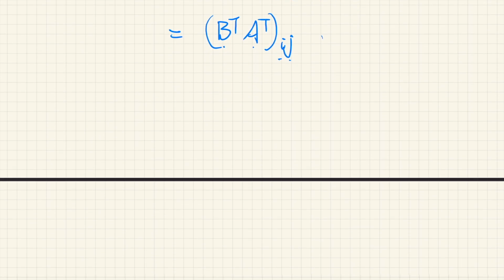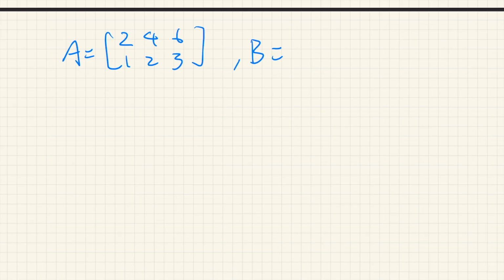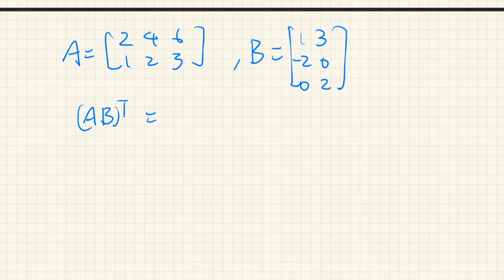Let's see an example of this last theorem. Let's say A is a 2 by 3 matrix, 2, 4, 6, 1, 2, 3, and B is a 3 by 2 matrix, 1, 3, negative 2, 0, 0, 2. So we want to see that (AB) transpose is equal to B transpose A transpose.